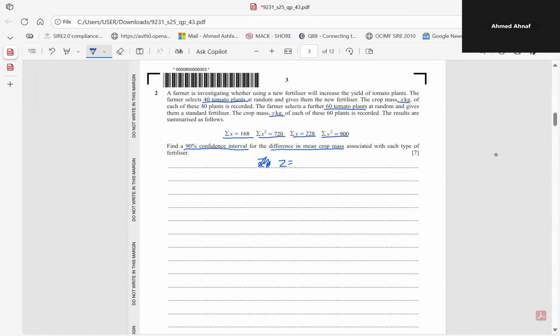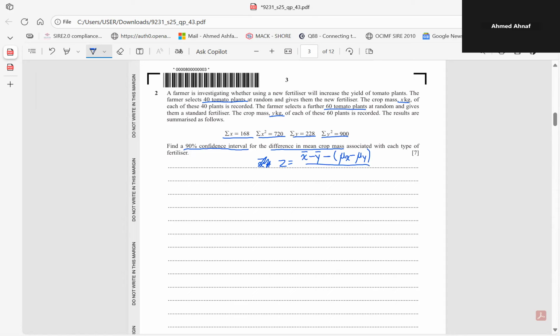That formula is x bar minus y bar, the sample mean difference, minus the population means difference, over the standard error.